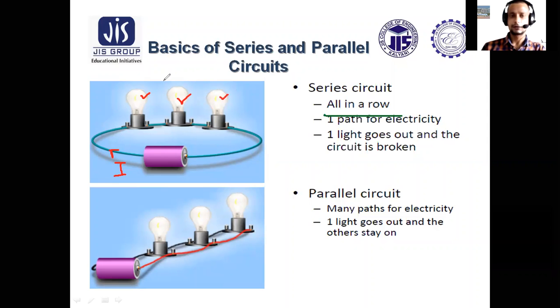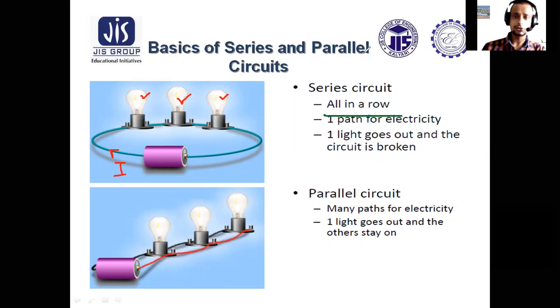As per Joule's law, some heat energy will be produced, which will later be converted to light energy, and the bulb will glow accordingly. So whenever there is a closed path, a source and a load, a current will flow through the load. That current will dissipate some I square R loss; P equals I square R, we know. I square R loss in the bulb, and the bulb will glow accordingly.